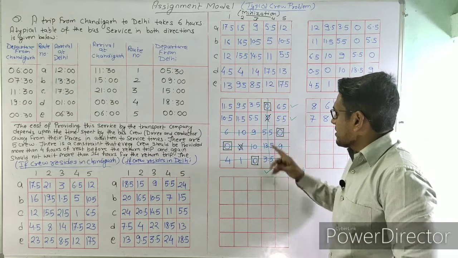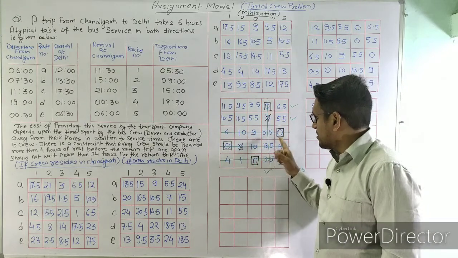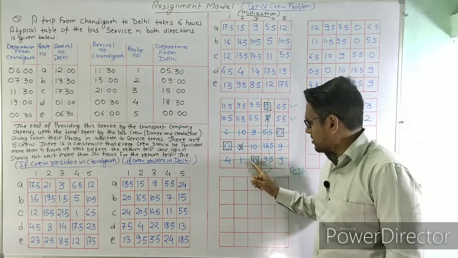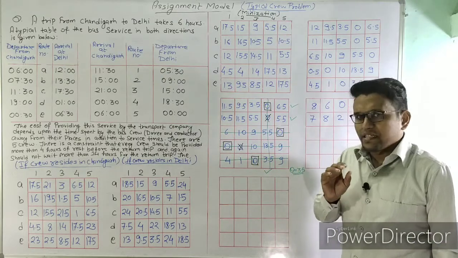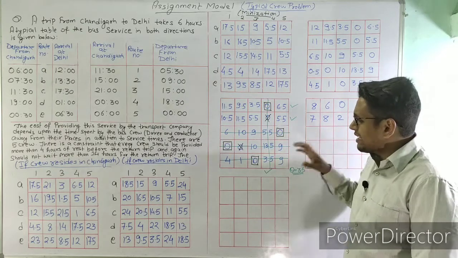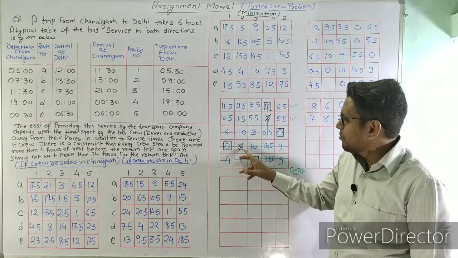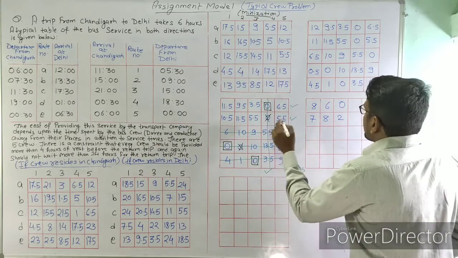And now for the cells where only a single line is passing. For those cells, the value of Cij, that means the cost coefficient for the new matrix, will be the same as the cost coefficient of the previous matrix. So we are going to write these values as they are.